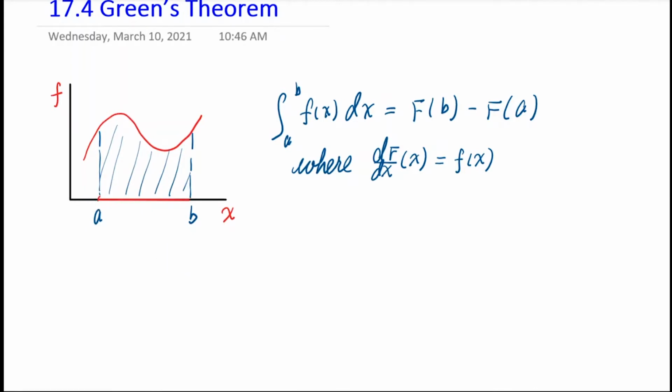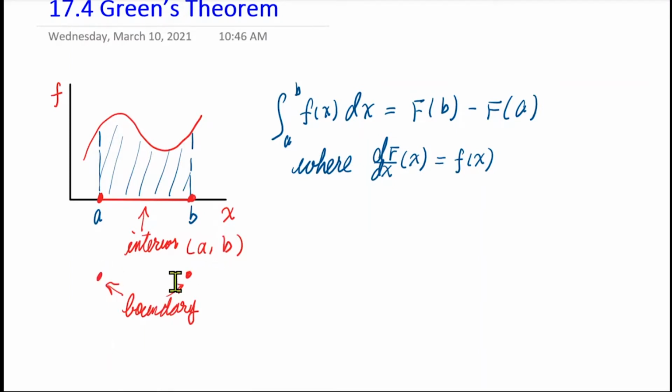Okay, let's look at that interval, a and b. We are thinking of this as an interior. And the points a and b are the boundary of that region that we are integrating over. You kind of understand what I mean by interior versus boundary?